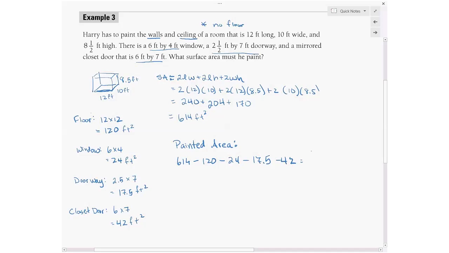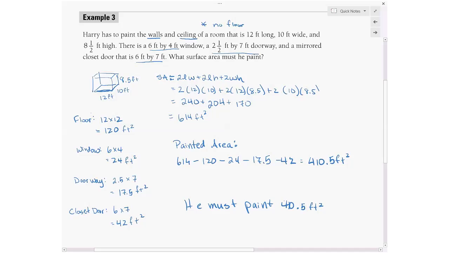So 614 minus 120 minus 24 minus the 17.5 for the doorway minus the 42 for the closet door, and we're painting 410.5 square feet. So he must paint 410.5 square feet.